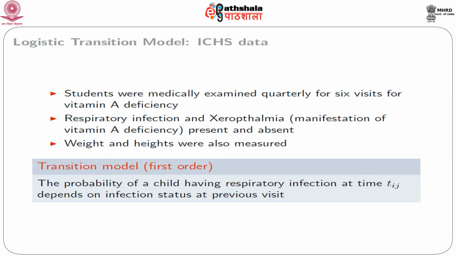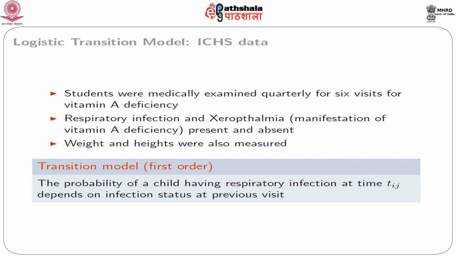The idea was to assess the vitamin A deficiency and see whether they had suffered from respiratory infection and xerophthalmia. Xerophthalmia is another infection, caused as a manifestation of vitamin A deficiency.